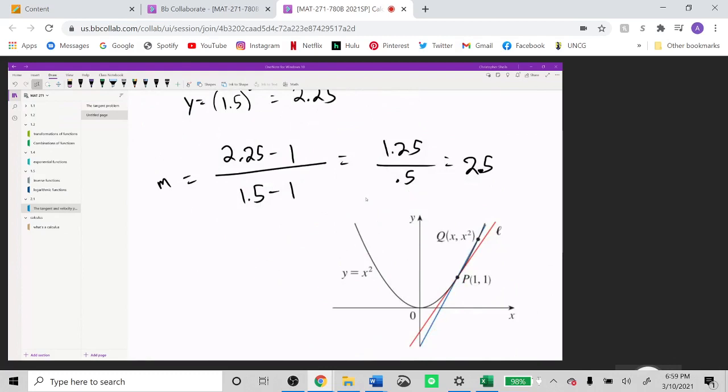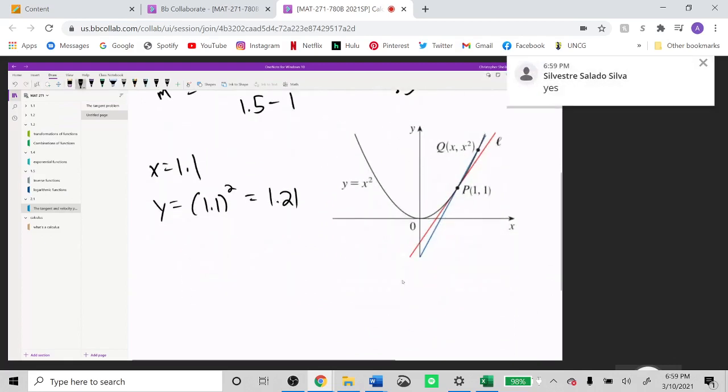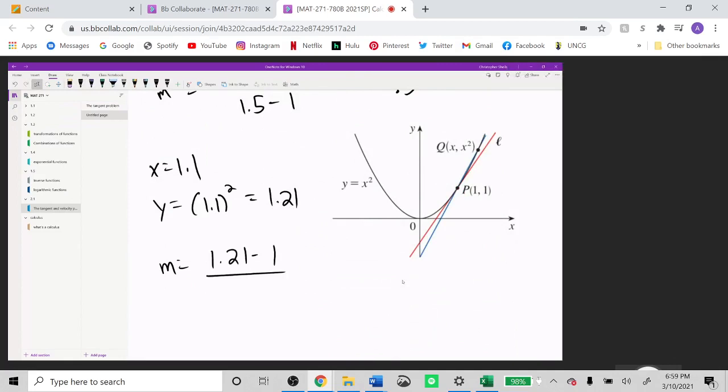If x is 1.1, then y is 1.1 squared, right? And this is what? 1.21. So my slope is 1.21 minus 1 over 1.1 minus 1.